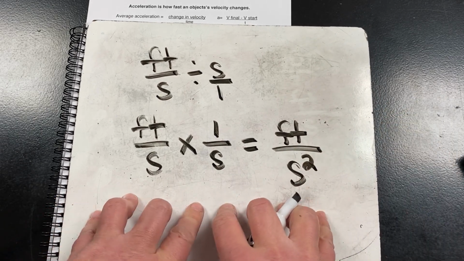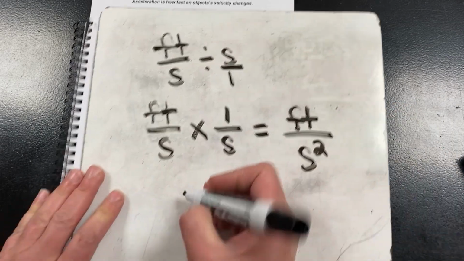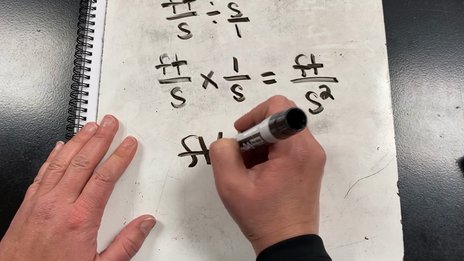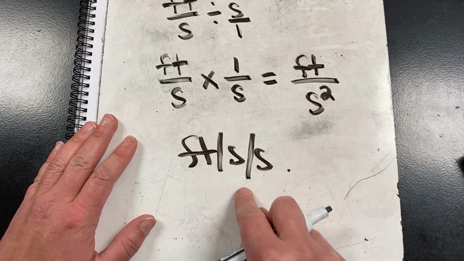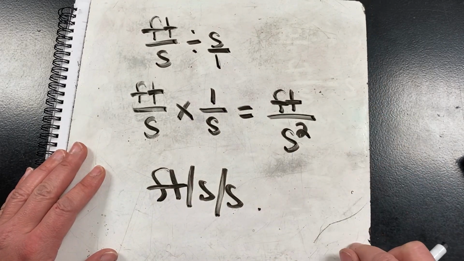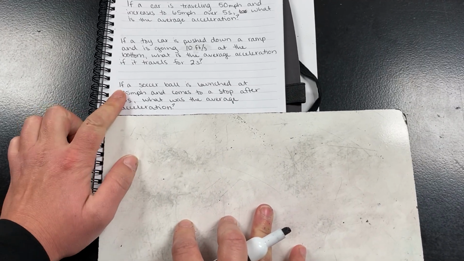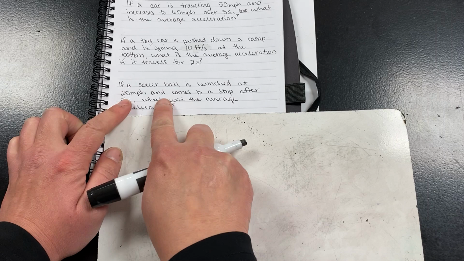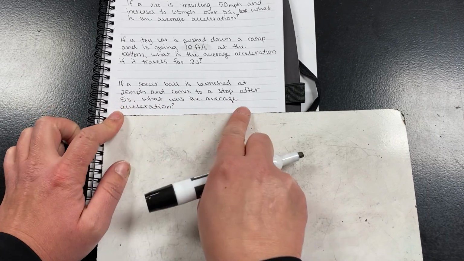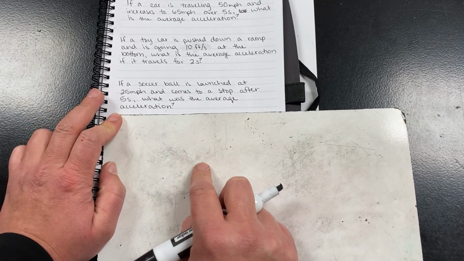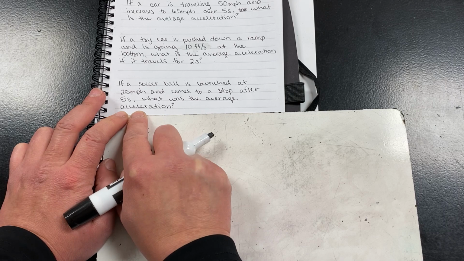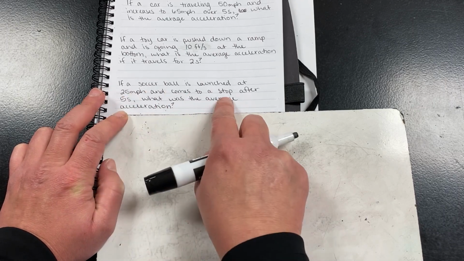So this explains why our label ends up going from feet per second, which seems weird, to being feet per second squared. Last problem. If a soccer ball is launched at 25 miles per hour and comes to a stop after 5 seconds, what was the average acceleration? And truly they could call this deceleration because we're going from 25 to 0.